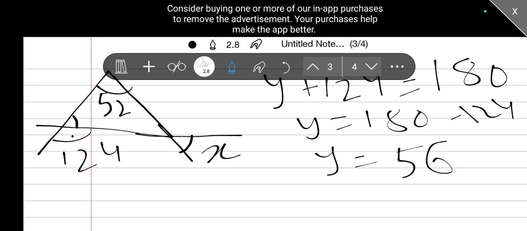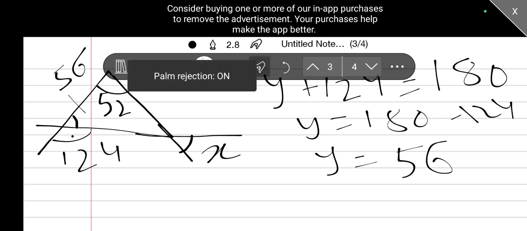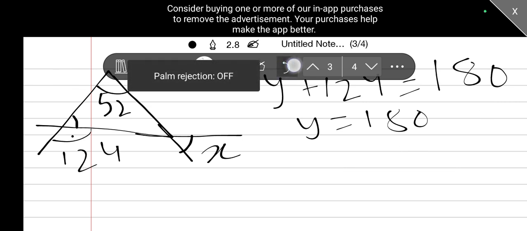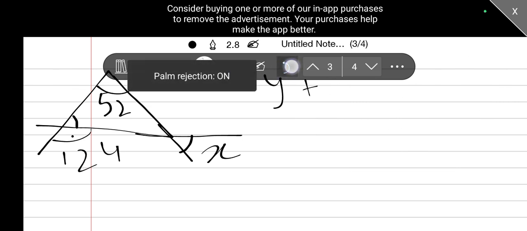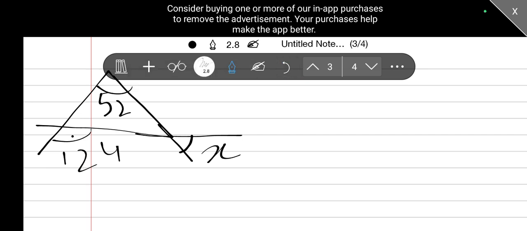This is 56, this is 52. Now I am rubbing this. The value of this is 56. Fine. So the value of this is 56.